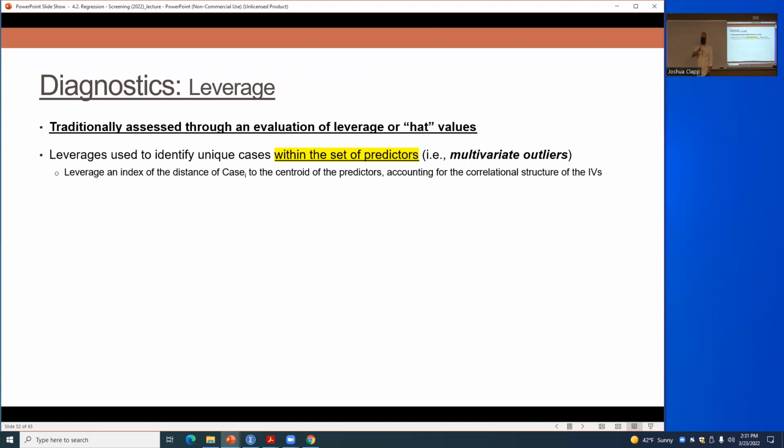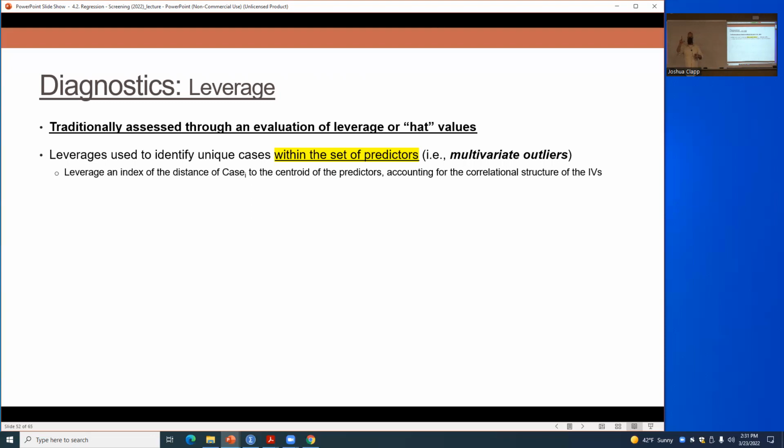Again, these are folks that are strange in terms of our predictor space. Mathematically, leverage is just an index of the distance between that individual case and the centroid of predictors. The centroid is the mean of all predictors in multivariate space, right?